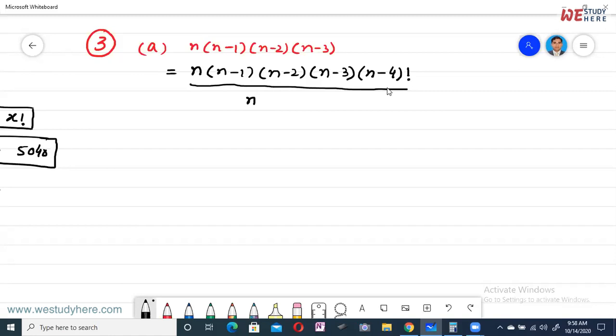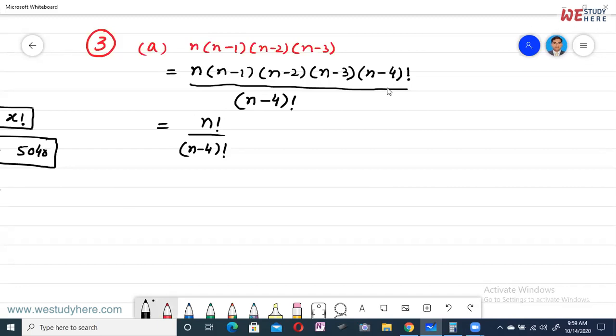We are multiplying by ourselves, so we have to divide by the same thing, n minus 4 factorial. Now in the numerator, you can see n into n minus 1, n minus 2, n minus 3, n minus 4 factorial. This complete thing we can write as n factorial divided by n minus 4 whole factorial.